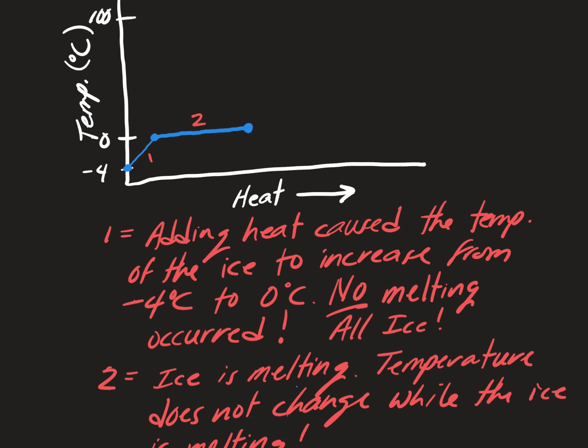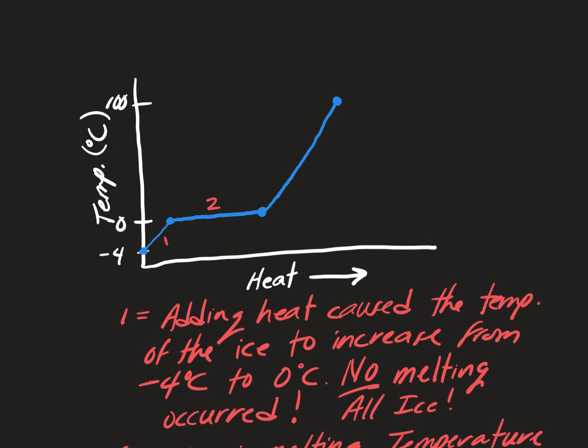Now if we're going to add more energy, and we did, we've got all liquid water and we're adding energy, and the temperature is increasing over time until we get to 100 degrees Celsius.